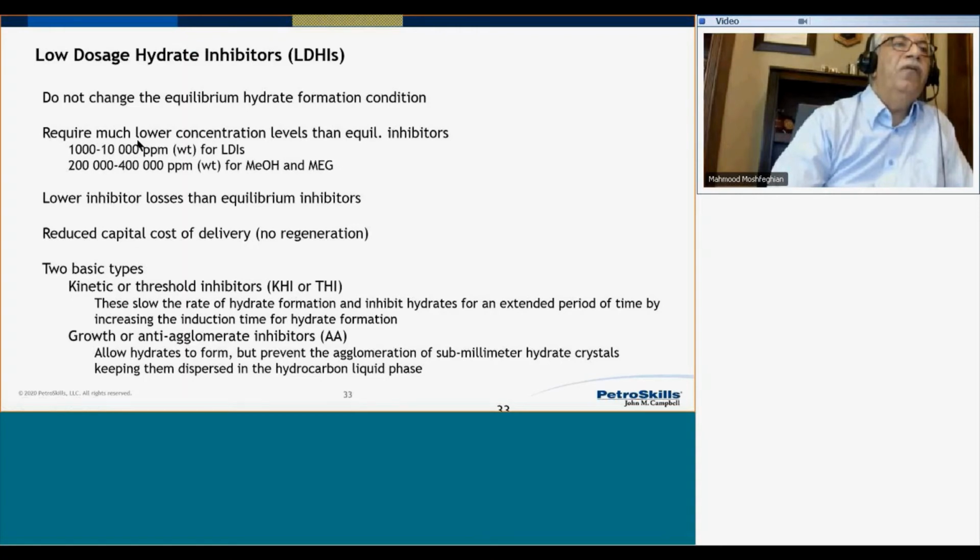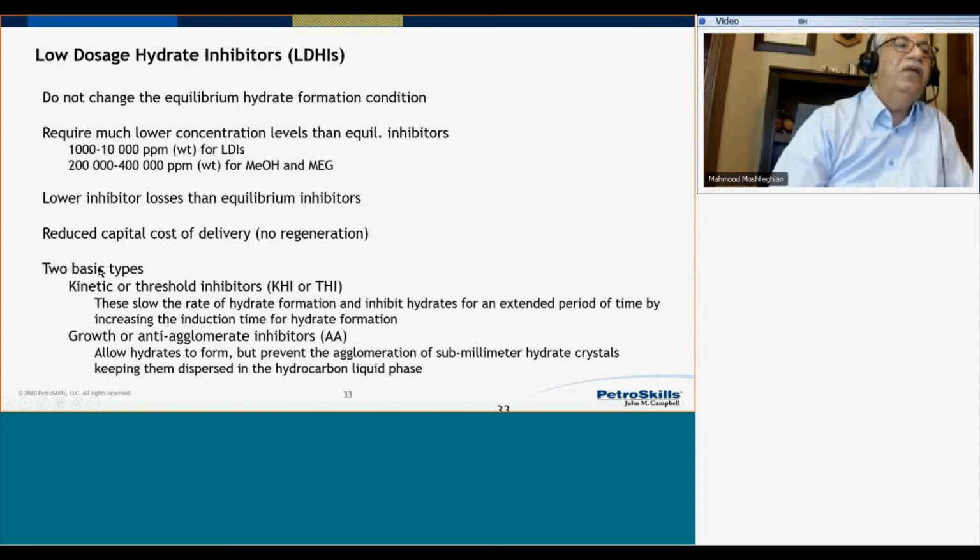They require much lower concentration, normally less than 10,000 ppm, whereas the concentration of methanol and glycol could be in the range of 200 to 400,000 ppm. On a weight basis, they have lower inhibitor losses than equilibrium inhibitors, reduced capital cost of delivery, and no regeneration is required.